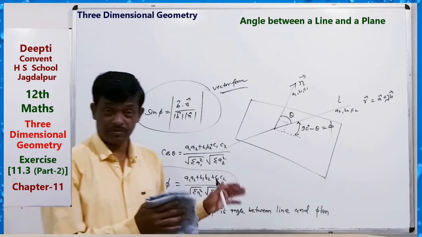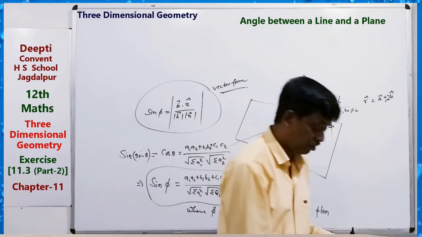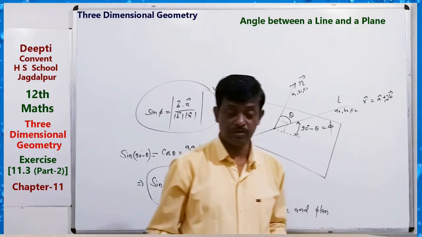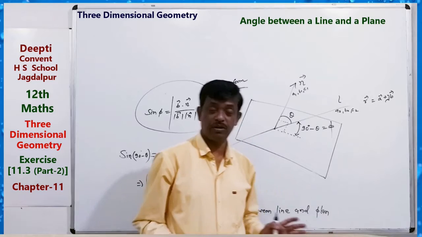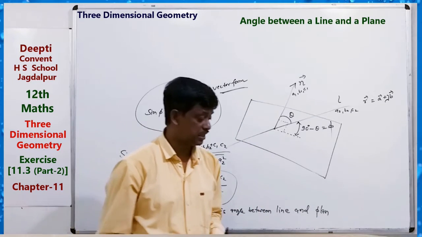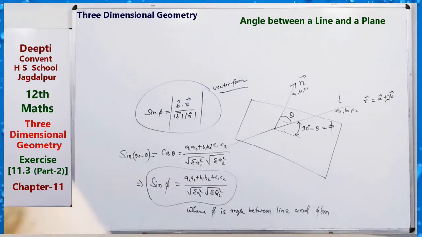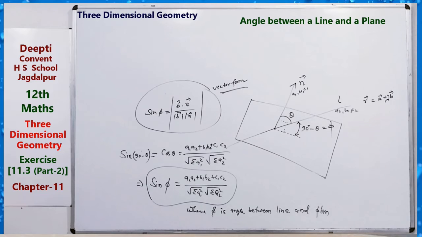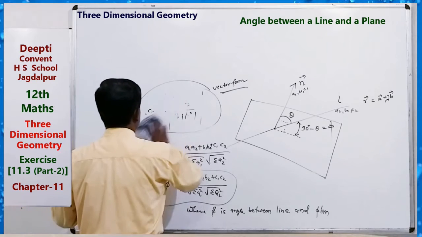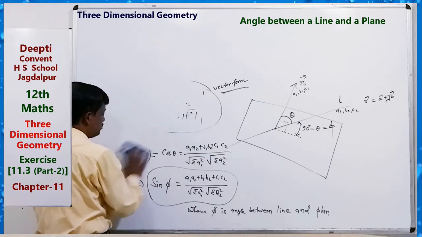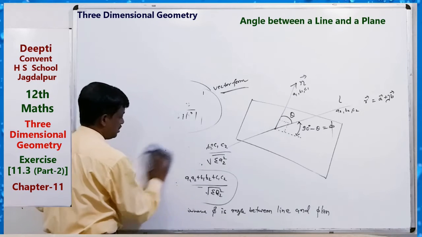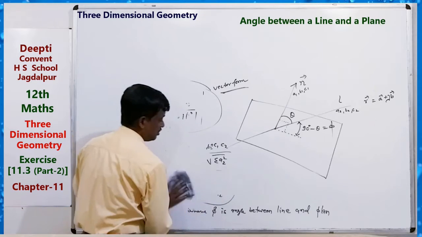Just remember all these formulas and write them in your copy also. Very important formulas. On the basis of these formulas, we will solve the questions from exercise 11.3. Already 3 questions are completed. Now question 4. We will use all these formulas for solving questions from 11.3.